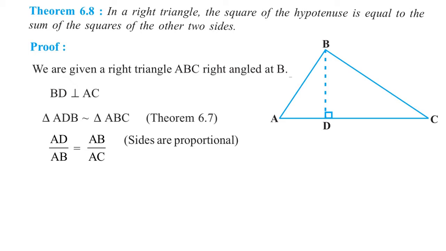Now if we cross multiply, AD times AC equal to AB times AB. If we cross multiply, we get AD times AC is equal to AB squared. Let's label this as equation 1.